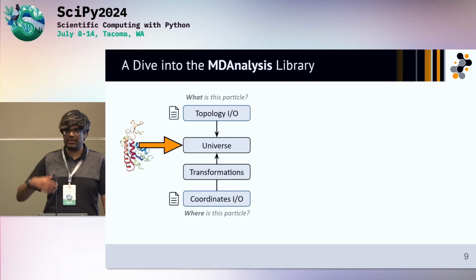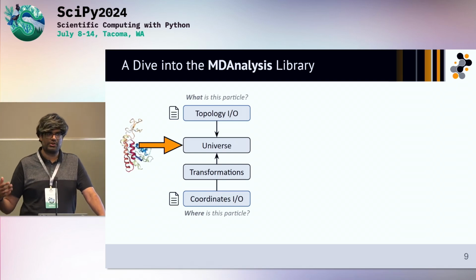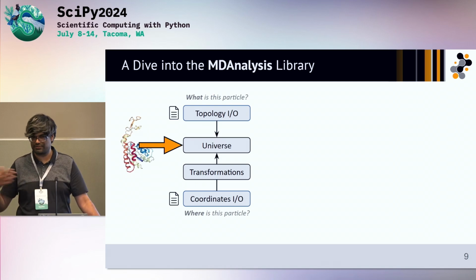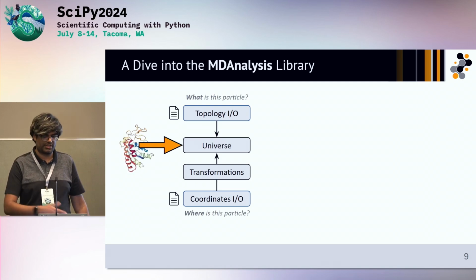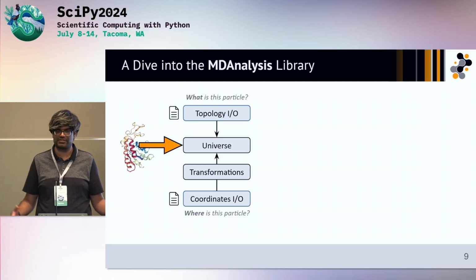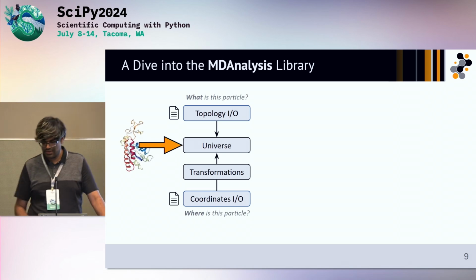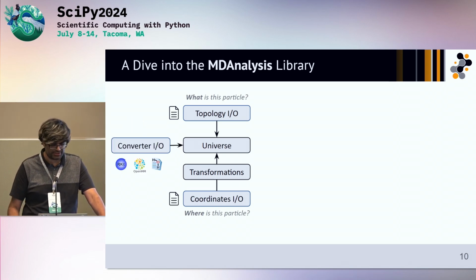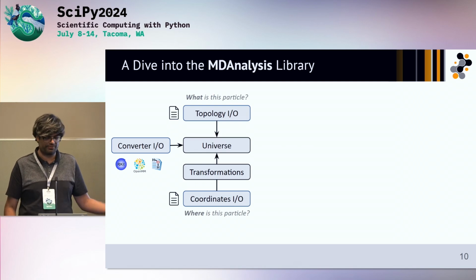And then on top of that, we have this transformations layer, which would then, as you read in from the coordinate file, apply a series of transformations to your coordinates so that they can be handled or be represented in a way that you want them to be. So maybe you want to fix PBC effects as you load in your coordinates. There is a third I/O layer, which is converters.